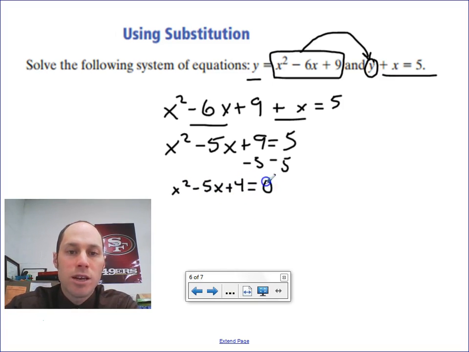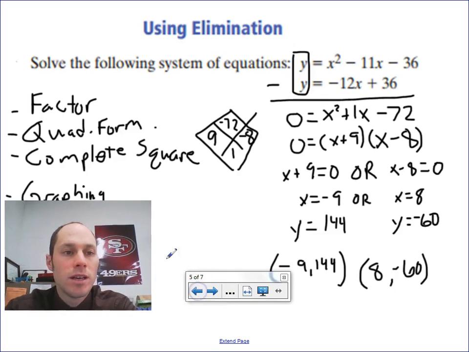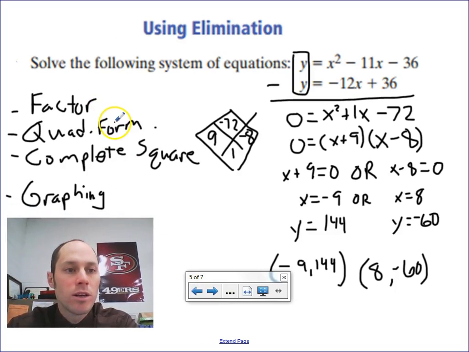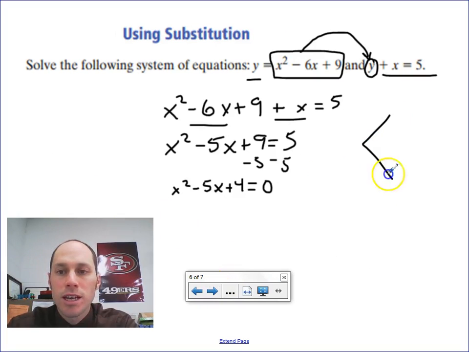And then once again, just like we did with the last problem, since it's a quadratic equation, solve it by any of these methods: factoring, quadratic formula, completing the square, or graphing. This one looks like it can be solved simply by factoring. I need to get a product of 4 and a sum of negative 5.